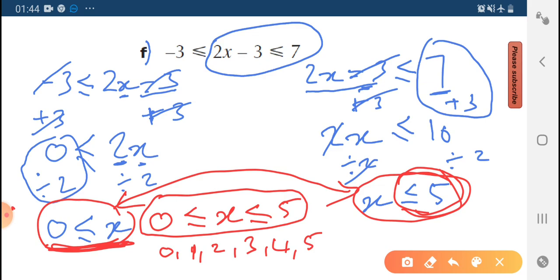So those are the integer values, or whole number values, that fulfill this criteria. And this is the final answer.